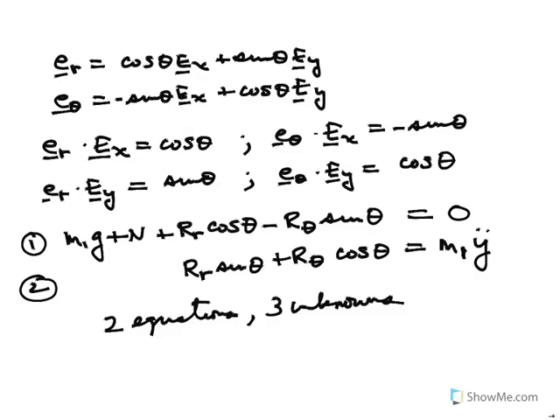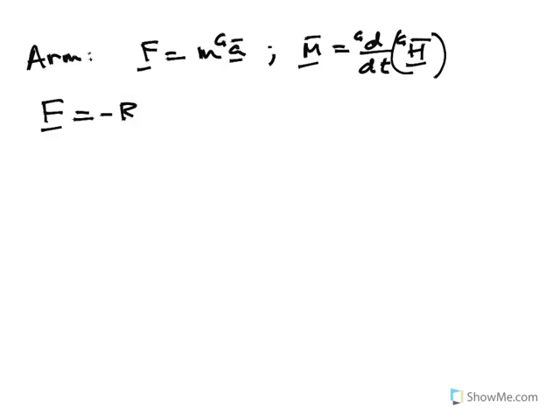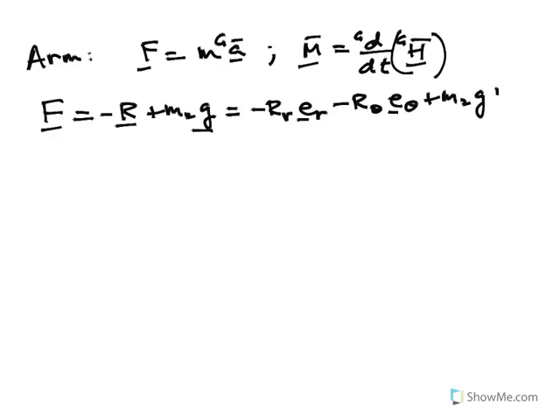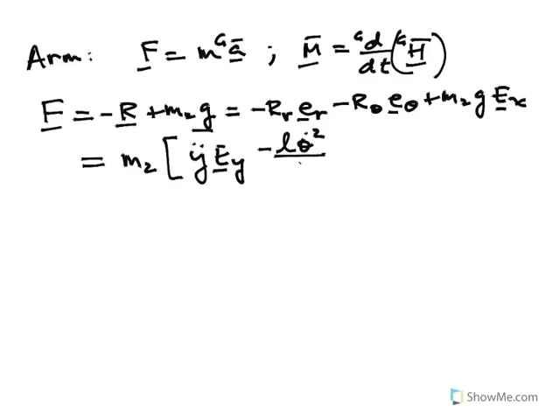So this gives us negative R plus m2g, and that has to equal negative R sub r e_r minus R sub theta e_theta plus m2g e_x. And that equals the mass of the arm times the acceleration of the center of mass of the arm.